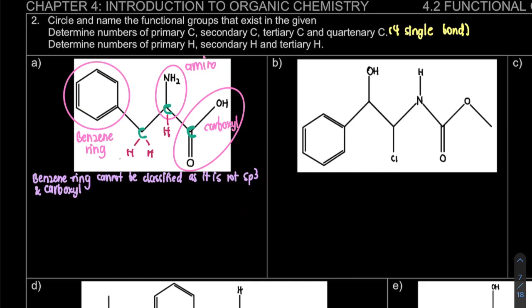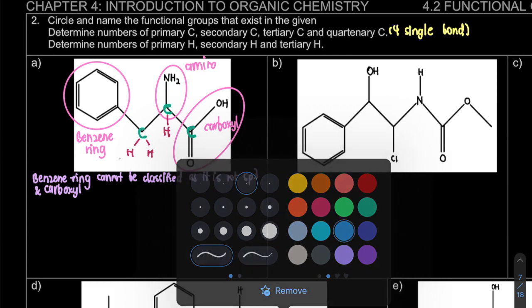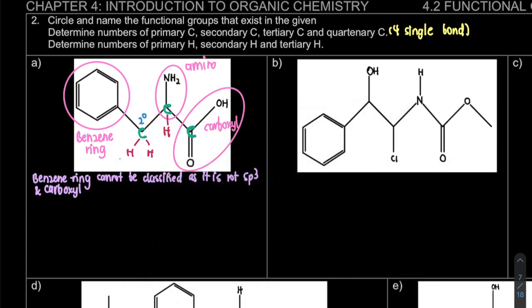Again, the question asks to determine the number of primary, secondary, tertiary, quaternary carbon. So it means that we only have 1, 2 here. How do we classify them? This carbon is bonded to 1, 2. When it's bonded to 2, the classification is secondary carbon.